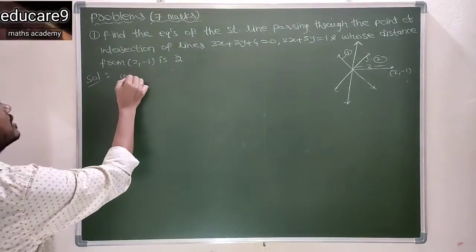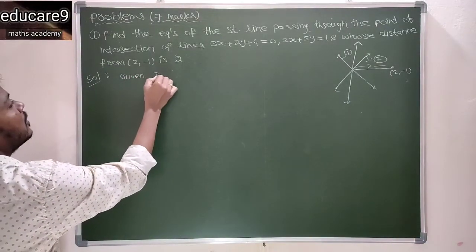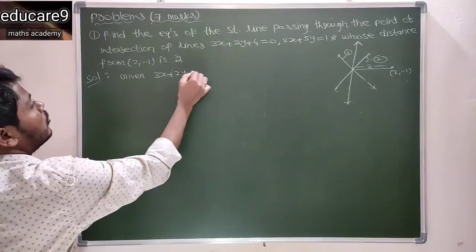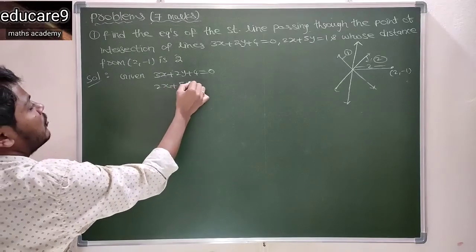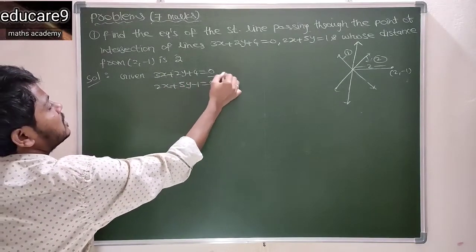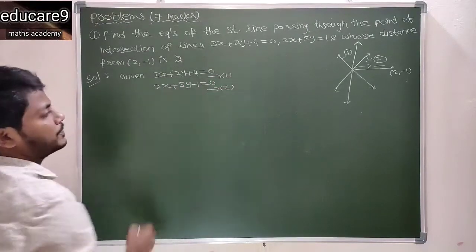So see here, the given lines are 3x + 2y + 4 = 0 and 2x + 5y - 1 = 0. This is equation 1, this is equation 2.